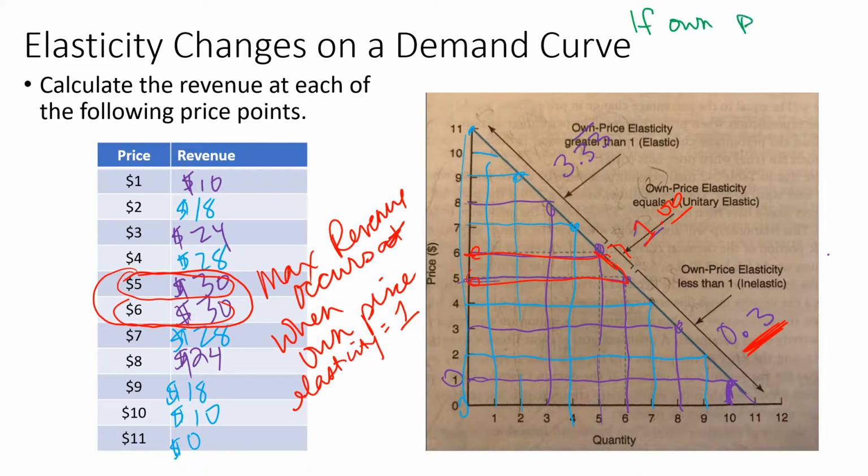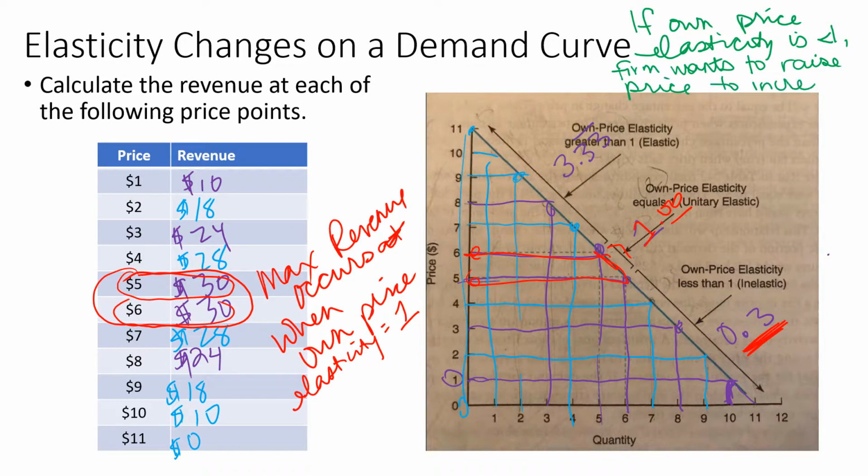If own price elasticity is less than 1, firm wants to raise price to increase revenue.